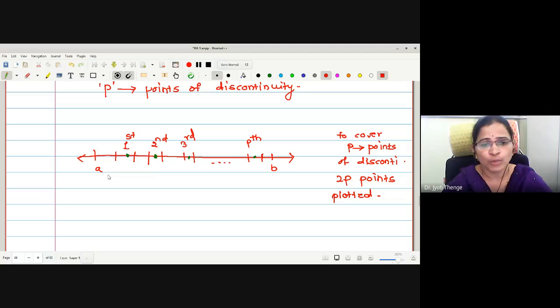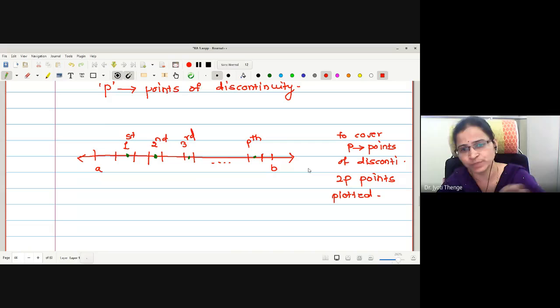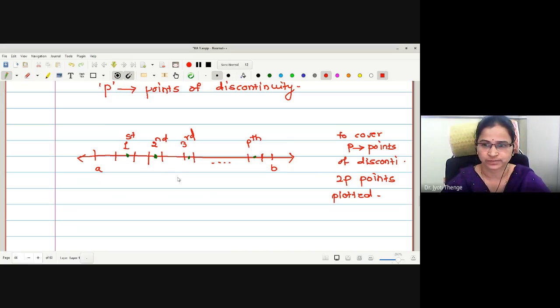And how many subintervals have we formed then? How many subintervals of this partition A to B are formed? See, like this now. If this is my closed interval A to B, and if I plot only 1 point, then how many subintervals are there?